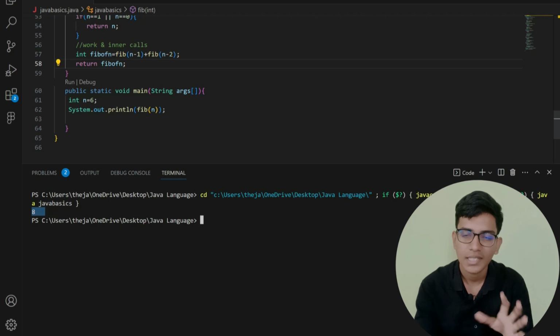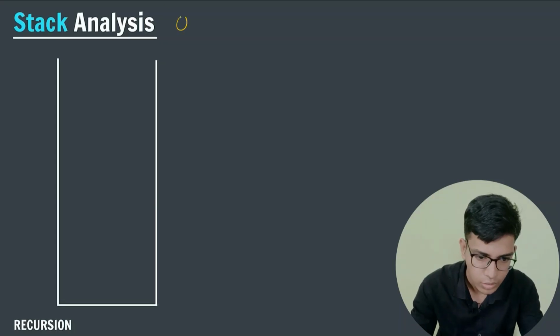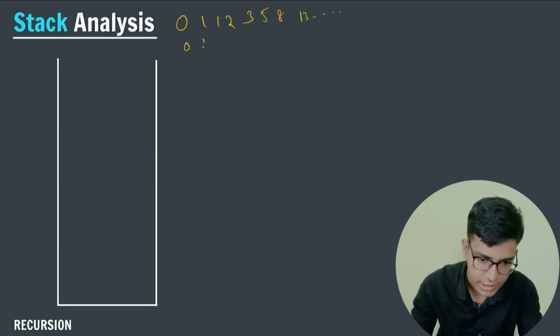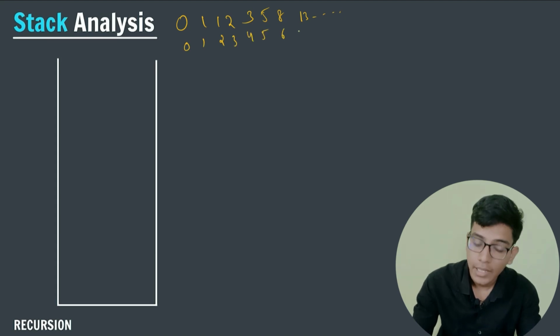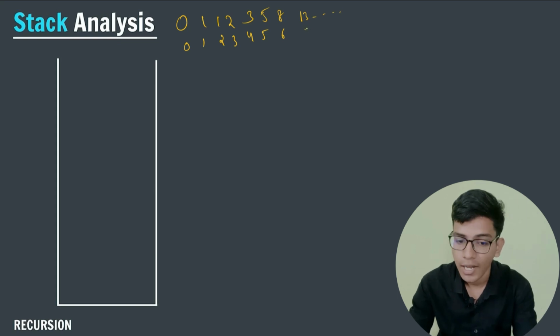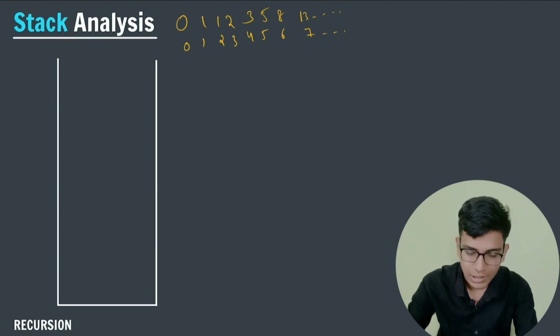Now let us do a stack analysis for this. These are my Fibonacci numbers: 0, 1, 1, 2, 3, 5, 8, 13, and so on. This is my zeroth term, first term, second term, third term, fourth term, fifth term, sixth term, and in the previous code we found the sixth term, that is 8. Now let me print the pseudo code here.